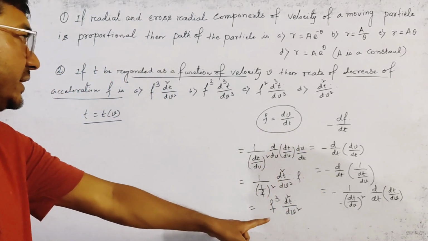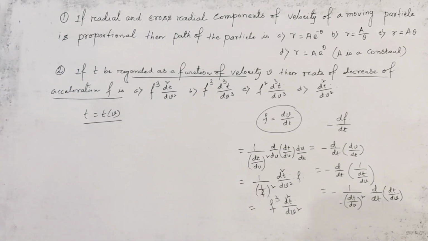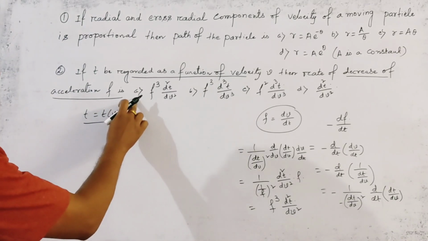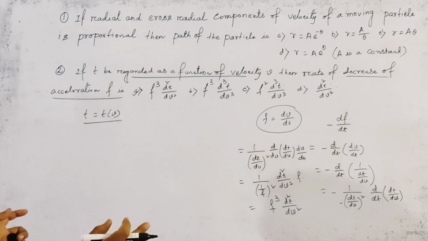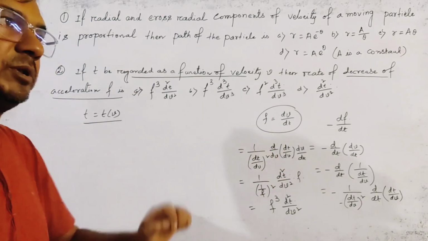If we see our option number 1, that is A, f cubed into d2t by dv2 is the correct one. Very simple problem but tricky problem.